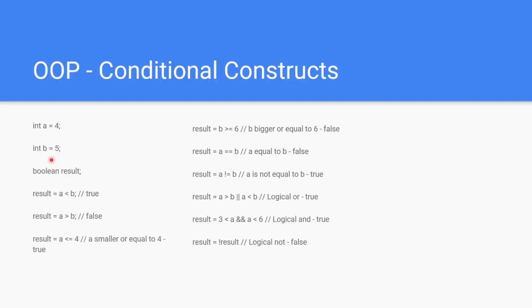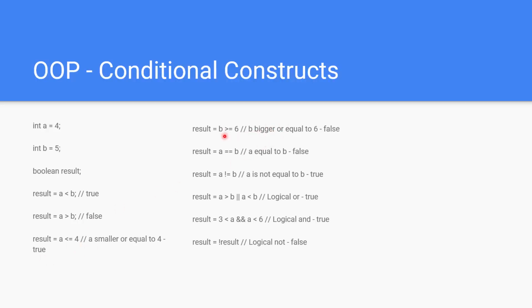If we have this current condition where a equals 4 and b equals 5, we can take a look at these results as we evaluate. We're testing here if a is less than b, and that is obviously true. We're testing if a is greater than b, and that's false. You can see here we are testing if a is less than or equal to 4, and that's going to return a true.